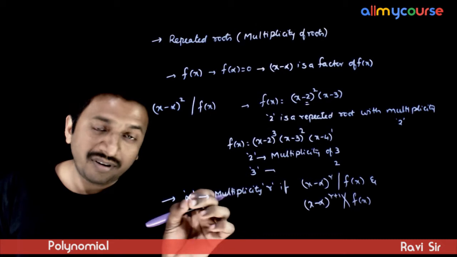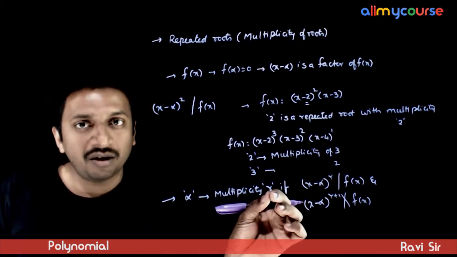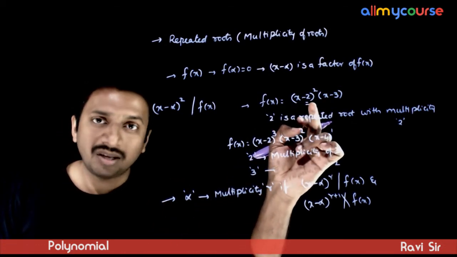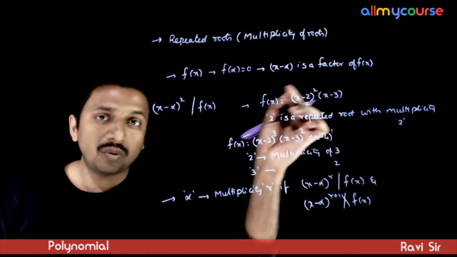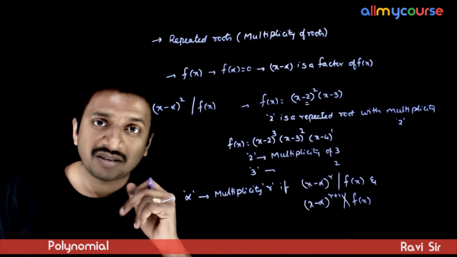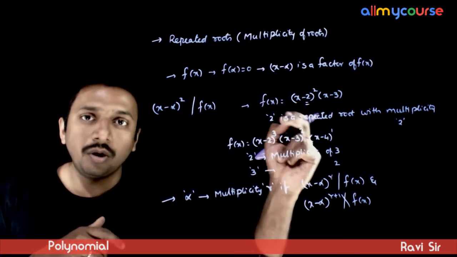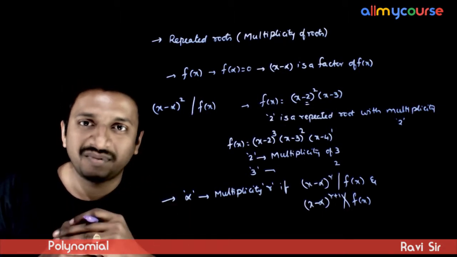So I am looking for the maximum multiplicity. For example, 2 is called a root with multiplicity 2 if (x minus 2) whole square divides f of x, and (x minus 2) whole cube does not divide f of x. Because if (x minus 2) whole cube also divides f of x, then the multiplicity will be r plus 1.